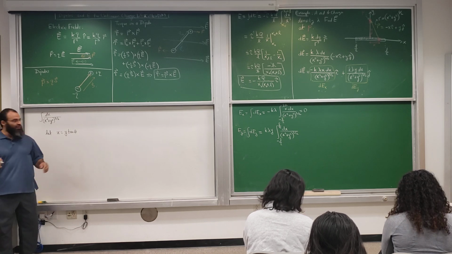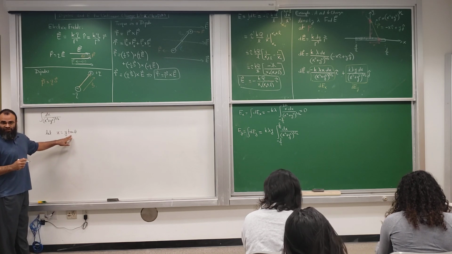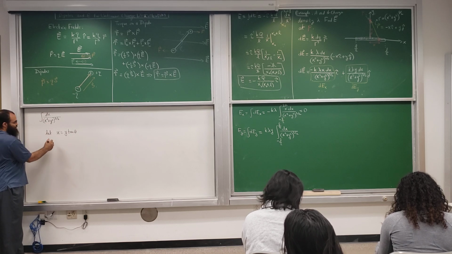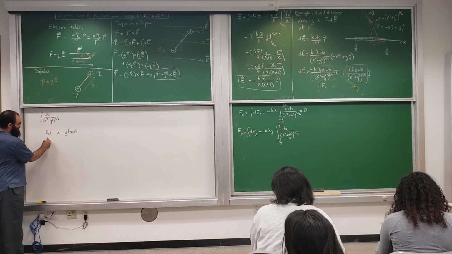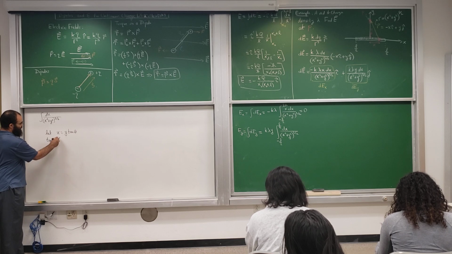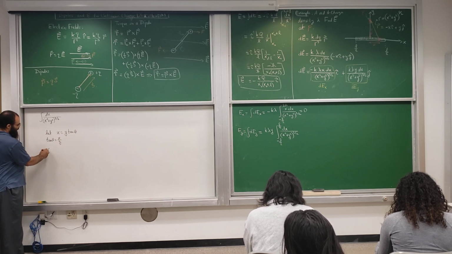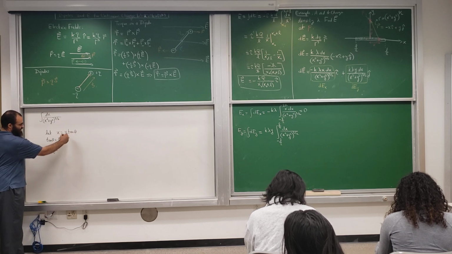So let's see why this is a good thing, because eventually you have x squared plus y squared. First of all, notice that tangent of theta is equal to x over y, right? So if I have x squared plus y squared, let's square the x.